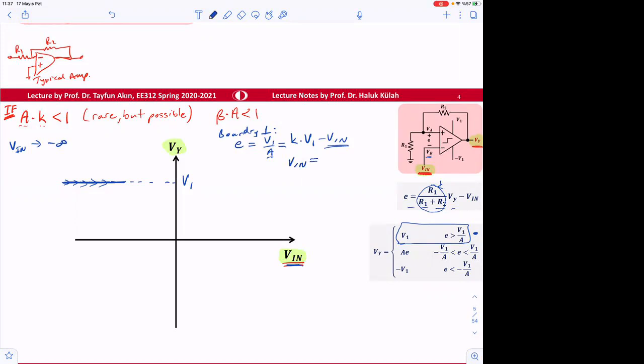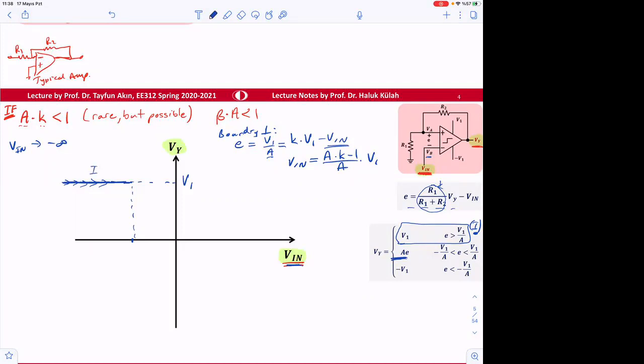So the point where Vin becomes A times K minus 1 divided by A times V1, that's the point where the output will start going into this stage. This was 1, remember?